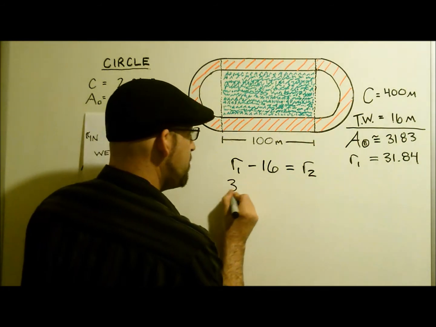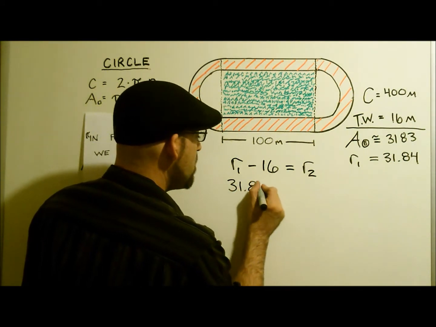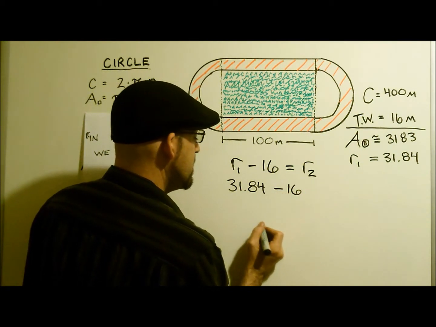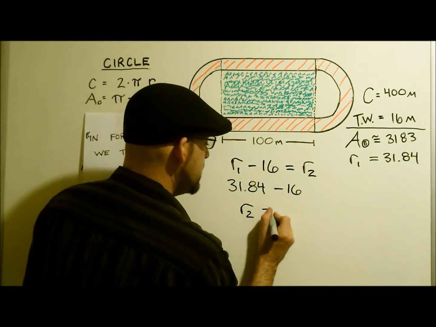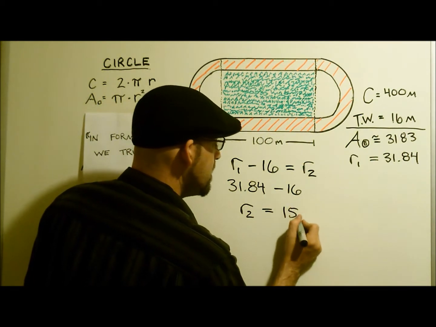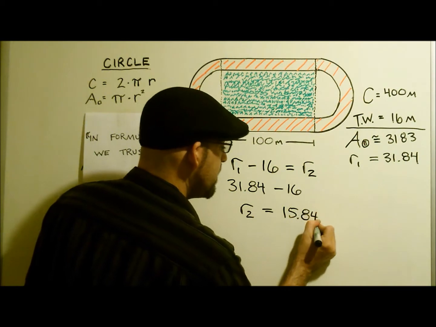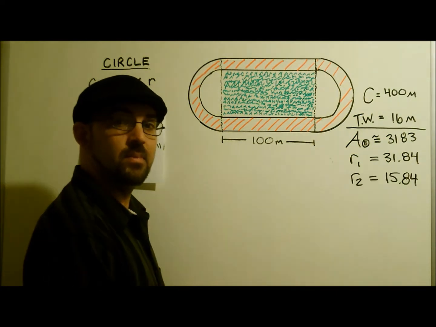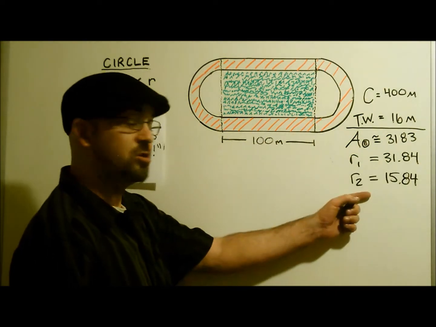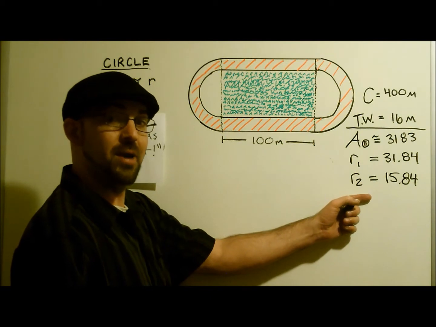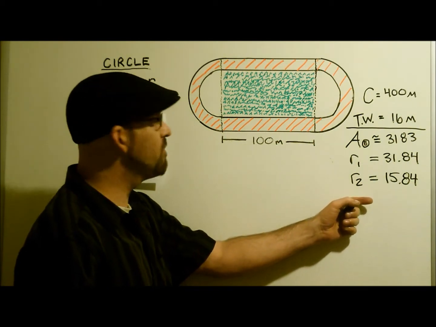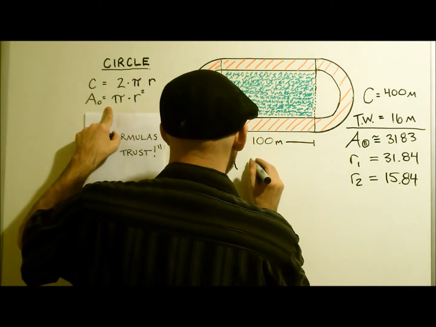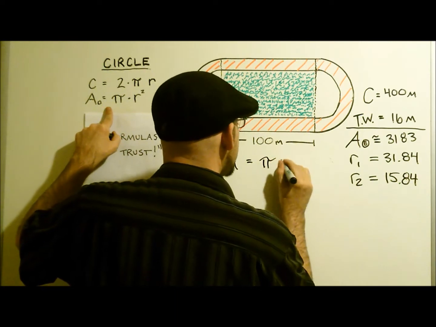So we have 31.84 minus 16. So our R2 equals 15.84. Now we have something to work with. Now that we have our R2, we can go back to the formula bank and use one of the same formulas all over again. How about area equals pi times r squared?